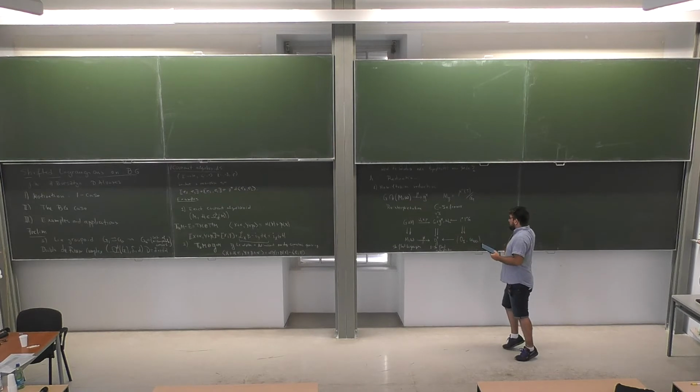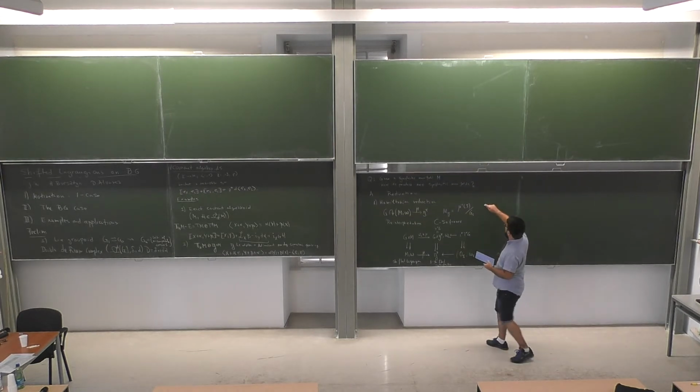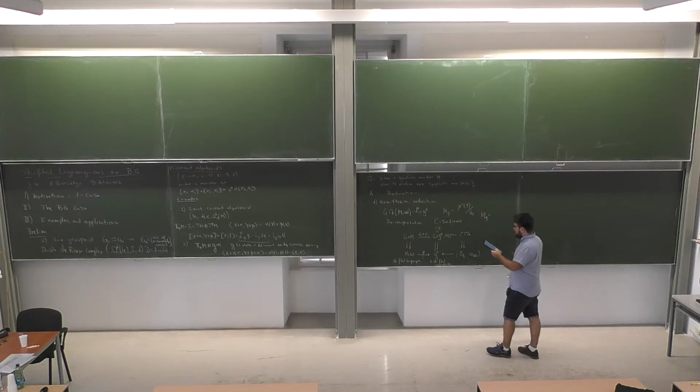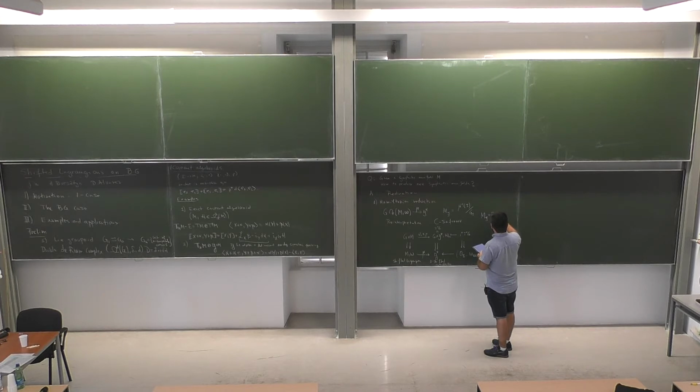And then the symplectic manifold M reduced appears as the Lagrangian intersection of these two, which people from derived geometry normally denote like this.